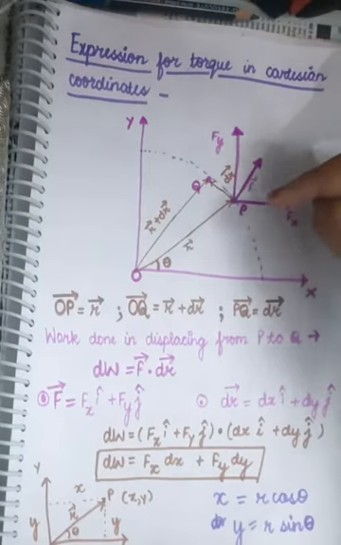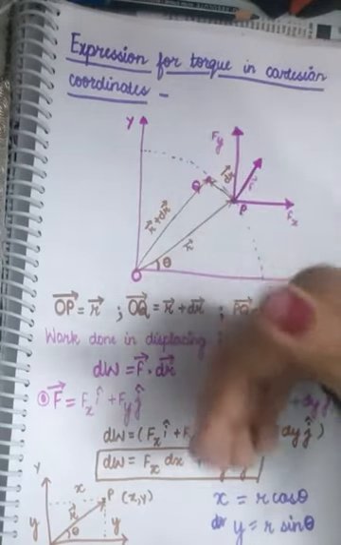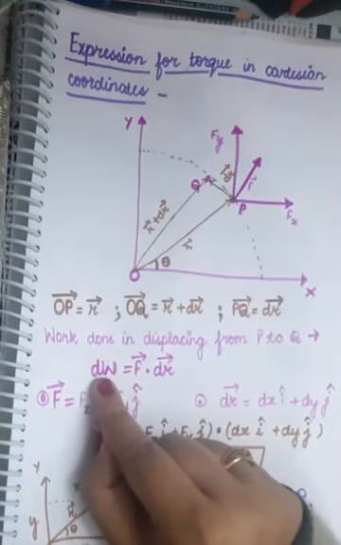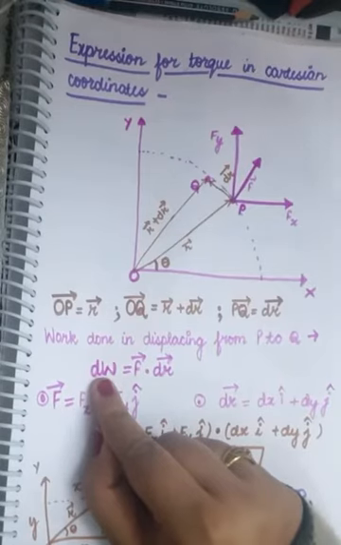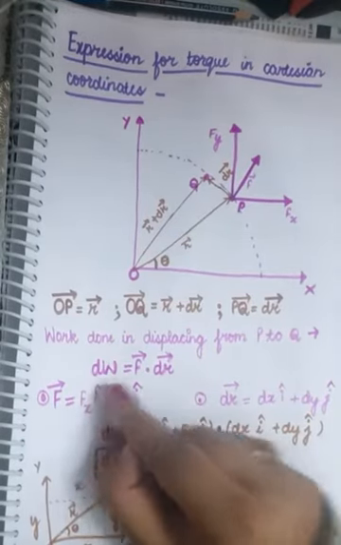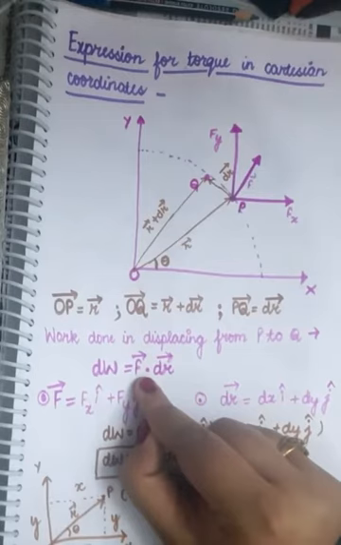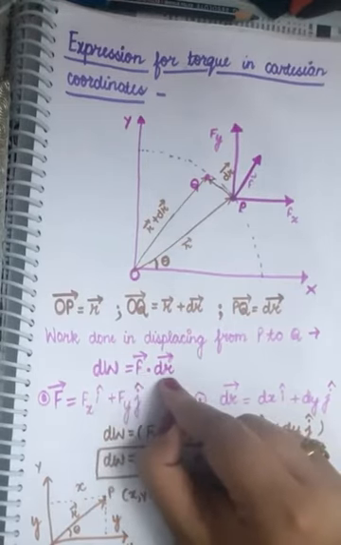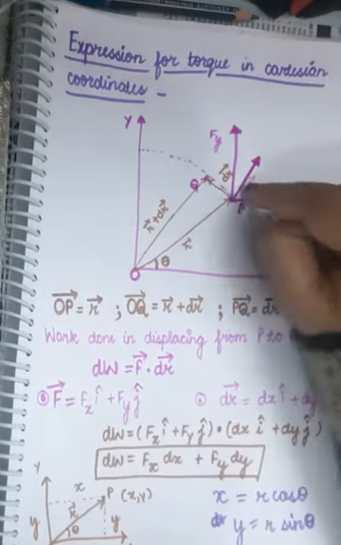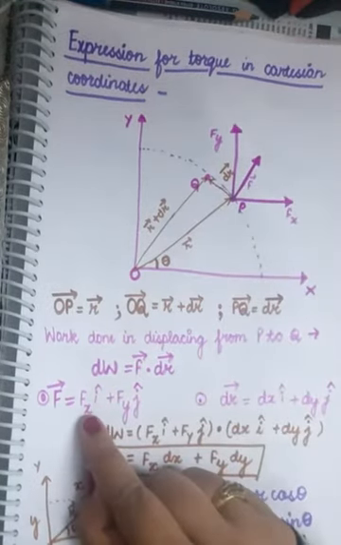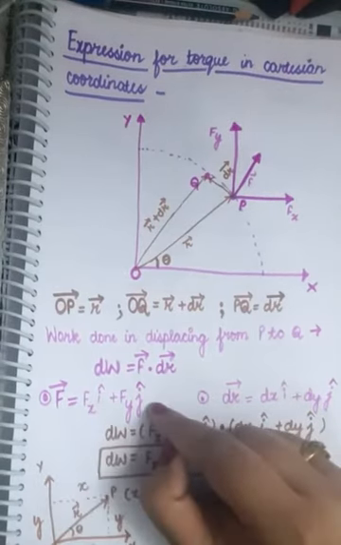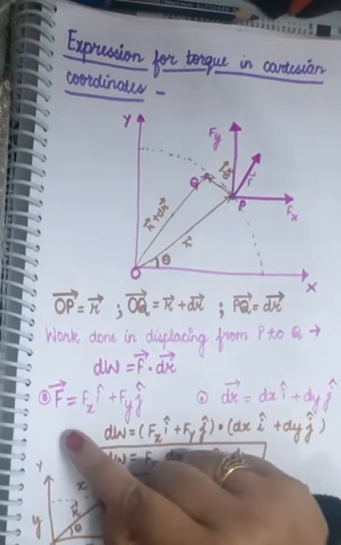When the particle is displaced from P to Q, what will be the work done in moving the particle from P to Q? That will be dW, which is the work done. The work done will be equal to F vector dot dr vector, force into displacement. The F vector can be written as Fx i cap plus Fy j cap, which are the rectangular components of the F vector.